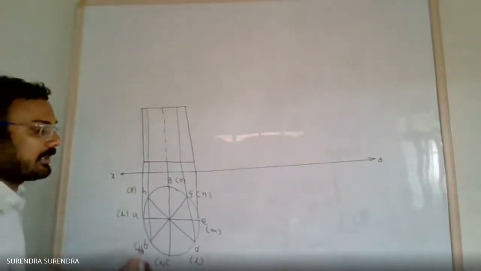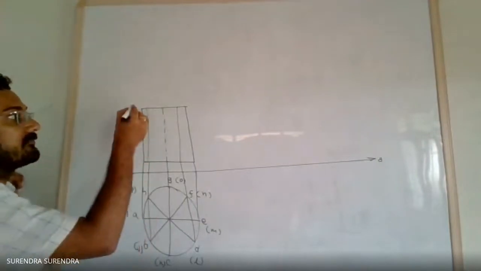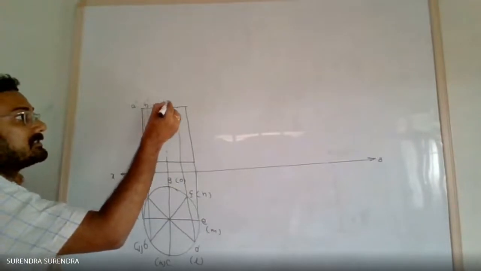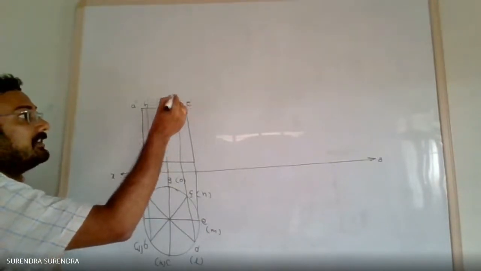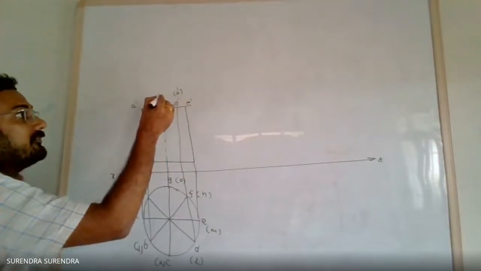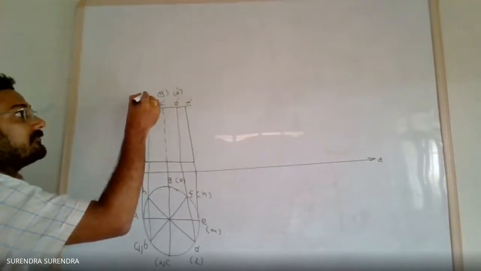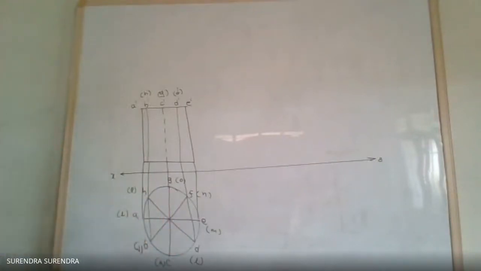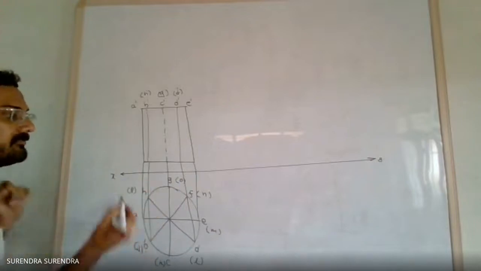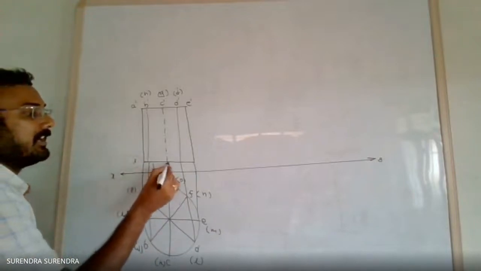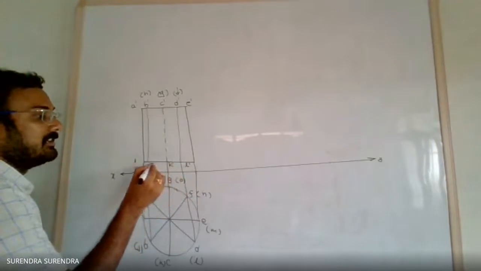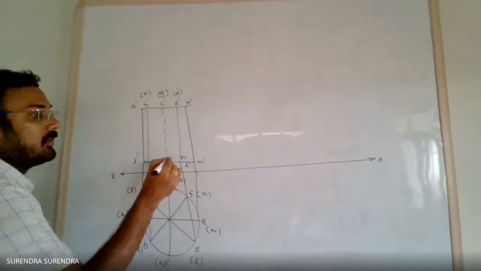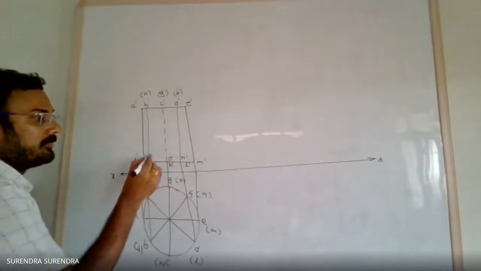So the points A, B, C, D, E, F, G, H are on the top base: A dash, B dash, C, D, E, F, G, H. As you are seeing in this direction, F, G, H points are hiding. Similarly, in the bottom base, I, J, K, L, M dash, N, O, P dash.